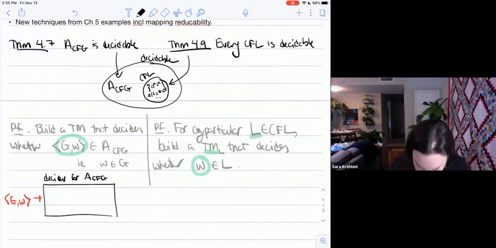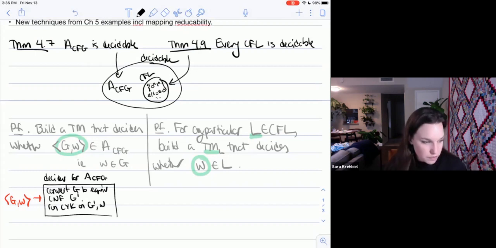So I'll just write that again. Convert G to equivalent Chomsky normal form grammar G prime, run CYK on G prime and W. And then whatever CYK says, I'm going to output a yes or a no.